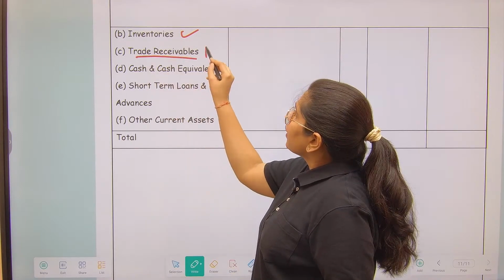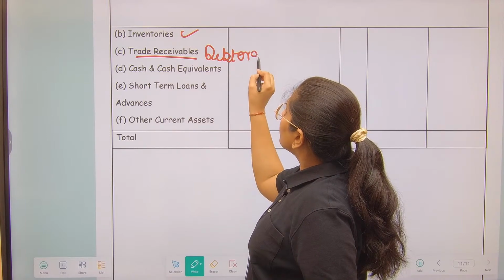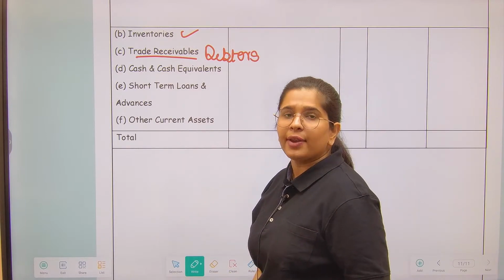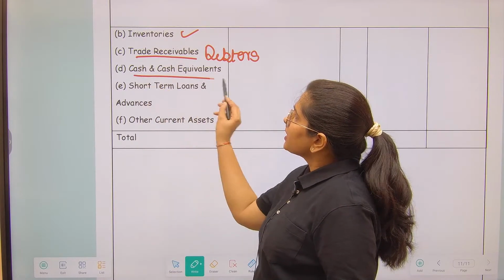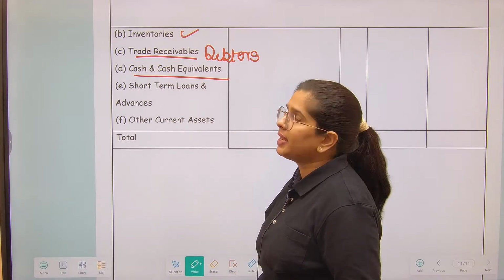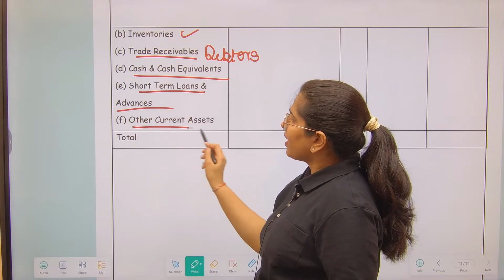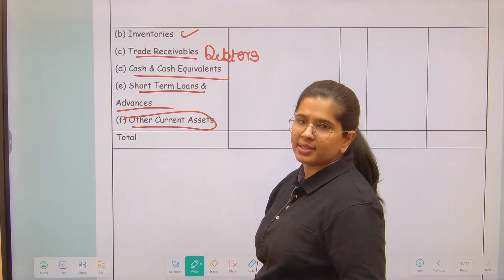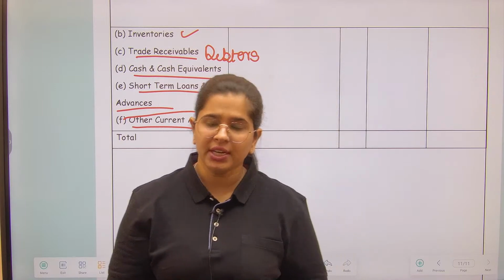Trade receivables are your debtors. These are the customers to whom you have sold your product and you are yet to receive the payment from them. Cash and cash equivalents, cash in hand, cash at bank. So this will be classified over here. Short-term loans and advances, and finally your other current assets. So this is your total of the balance sheet.